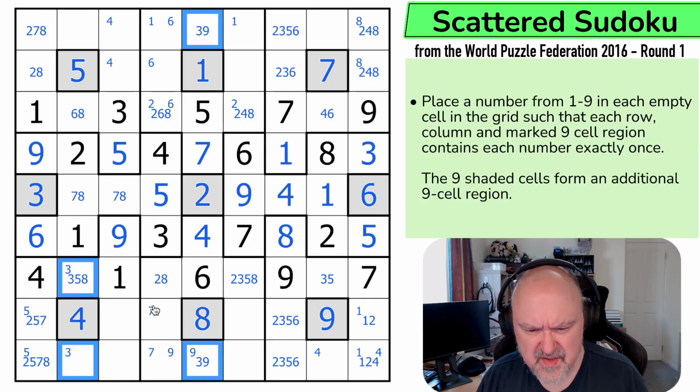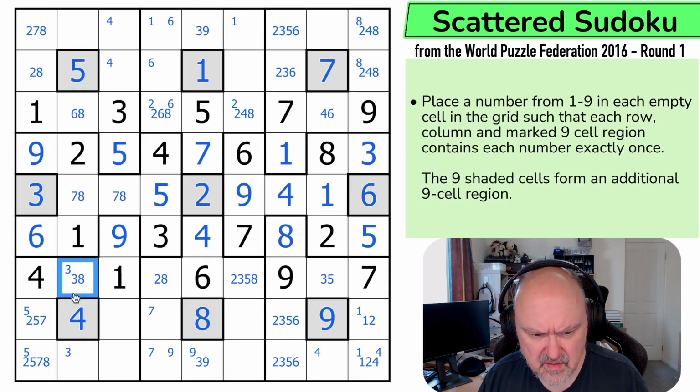Like if I'm looking for this weird irregular skyscraper thing, I'm... Five is down here, so this isn't a 5. Oh, I've got 5 in the column already. So 5 is in one of those two.